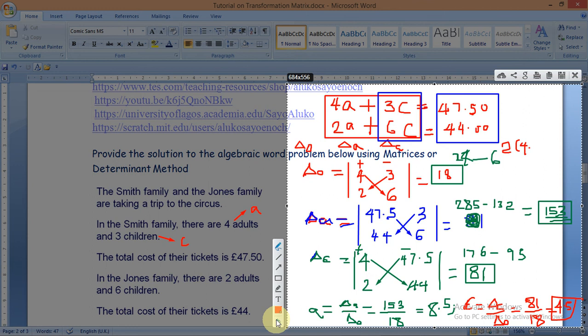So 2 into 8.5 plus 6 into 4.5, and if you do that, your answer should be 44. Let me confirm that: 2 into 8.5, close the bracket, plus 6 into 4.5, close the bracket. Good. So the answer is 44, guys.